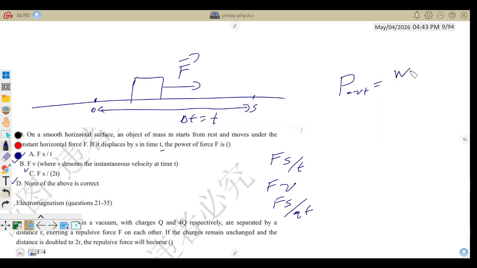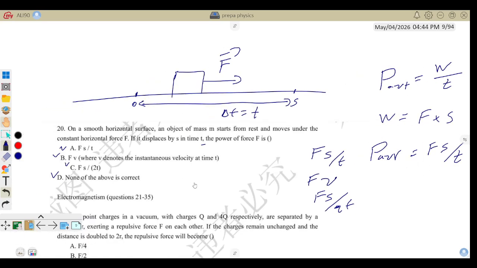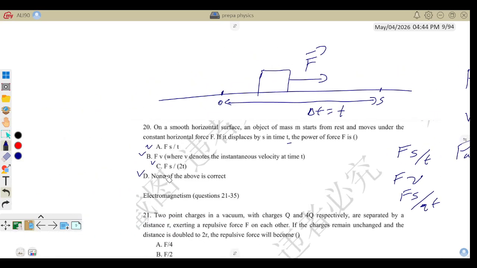It's the work done divided by the time T, and we have seen the work is the force times the displacement. So we can conclude that the average power is Fs divided by T. That leads us to choose A as the answer for this question.